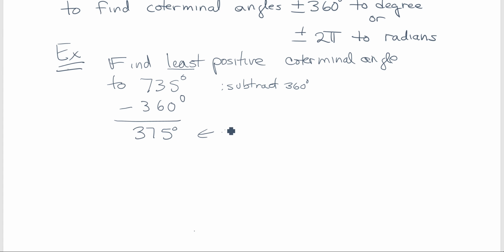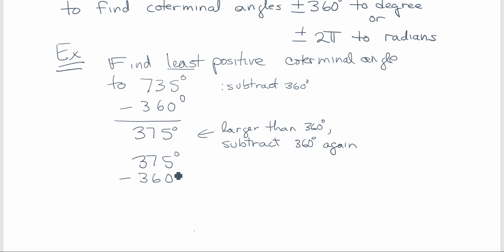Since it's still larger than 360, we're going to subtract another 360. And so if I take 375 degrees and subtract my 360 degrees, that would be coterminal with 15 degrees.